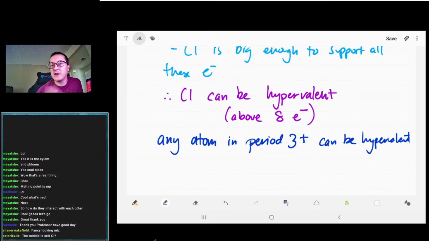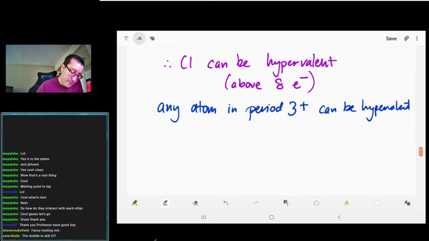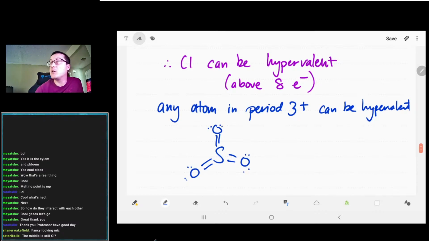Could be hypervalent, not necessarily, but could be. So yesterday we had sulfur trioxide, which had 12 electrons. But if we look at this molecule, we have no formal charges on any of these atoms. So this is a good Lewis structure.